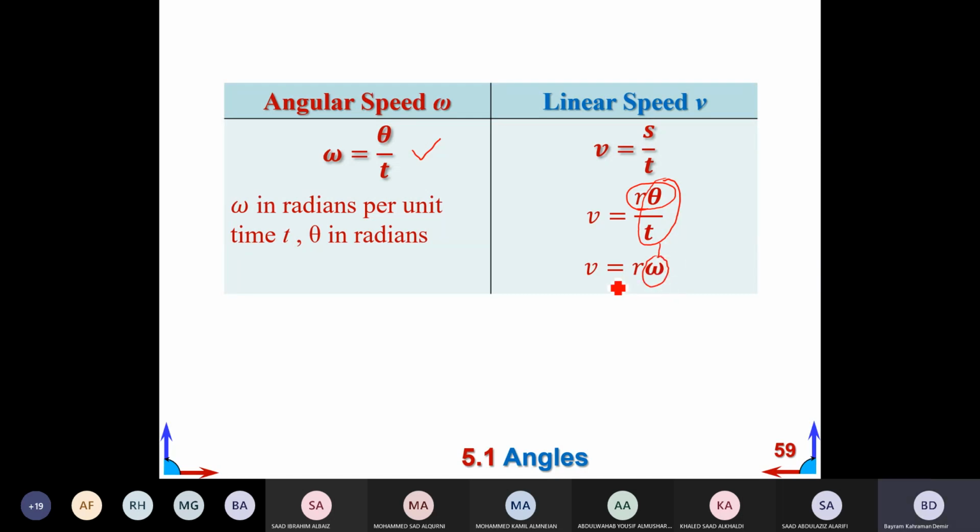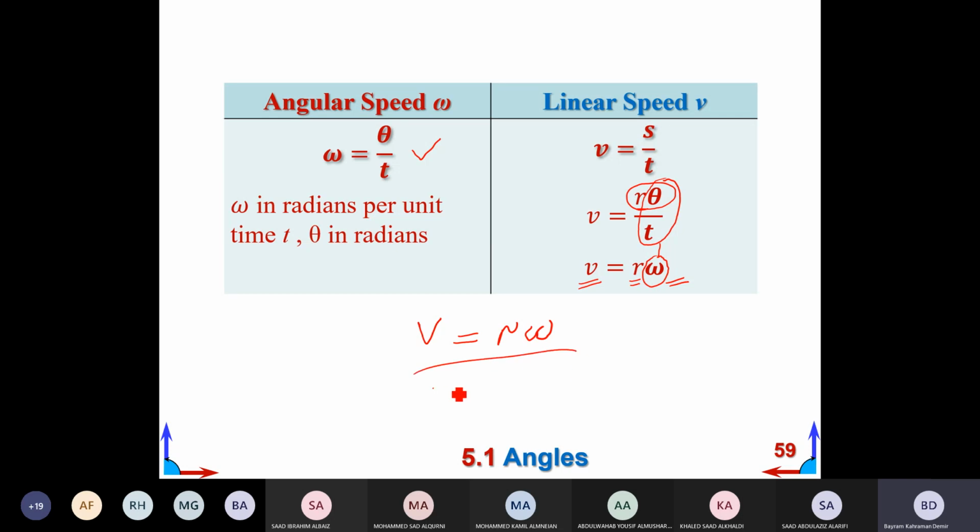So the linear speed is the same as radius multiplied by the omega of the tire. Radius of the tire multiplied by the rotational speed of the tire is going to give you the speed of your car, basically. Speed of your car, linear speed. So that is also quite famous. Linear speed is equal to r times omega.